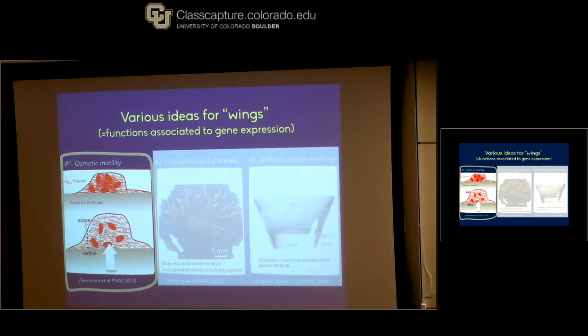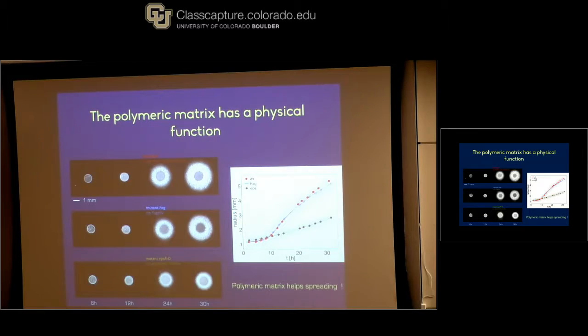Okay, and we're going to talk about that phenomenon, which started from the following observation. So these are three biofilms of Bacillus subtilis that are growing in time on a Petri dish. These are different times, 6, 12, 24, and 30. And the first thing we observe is that they spread. You've seen it in the first movie as well.